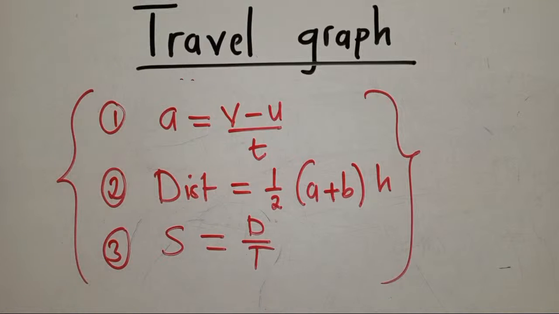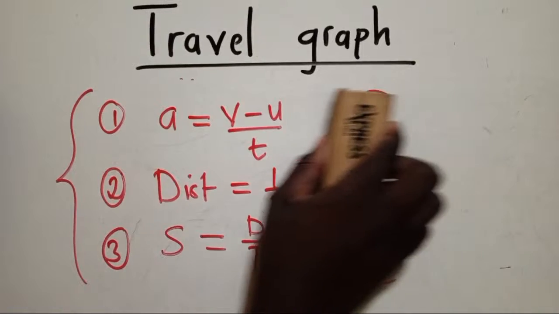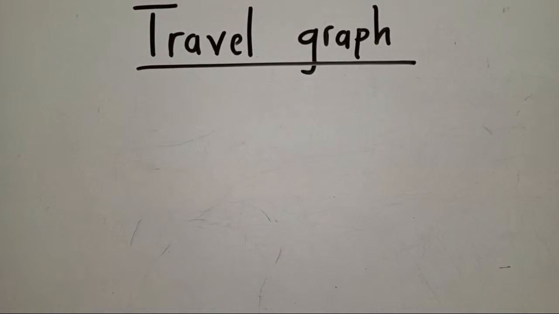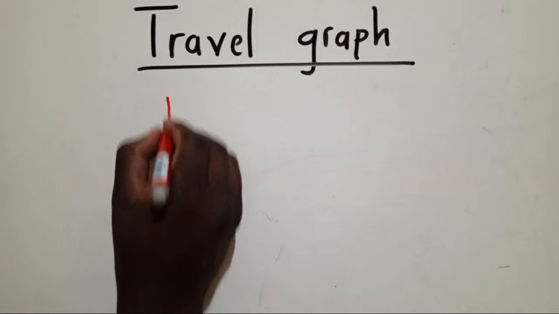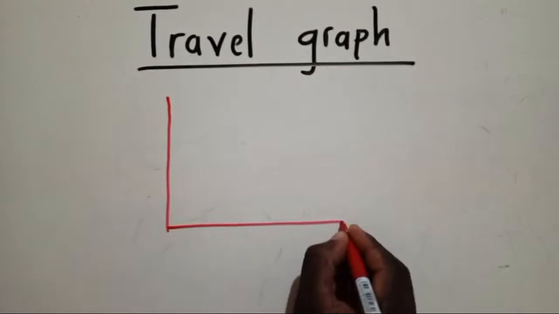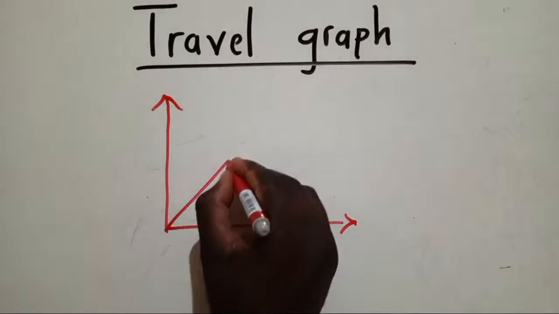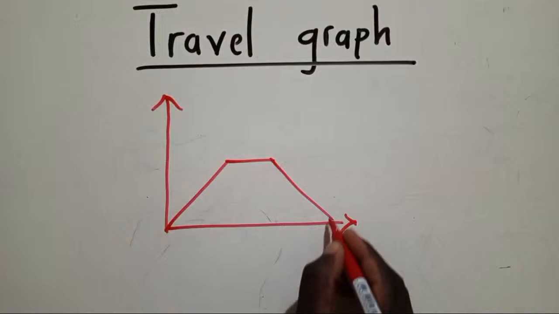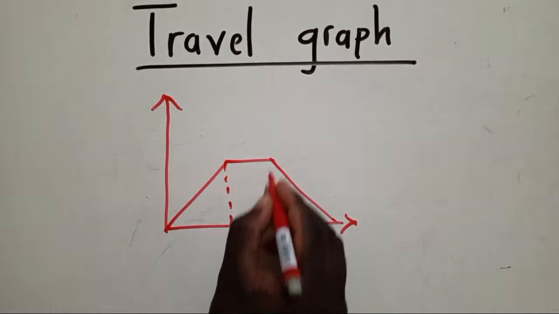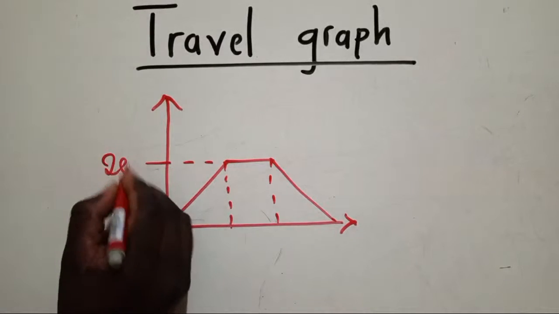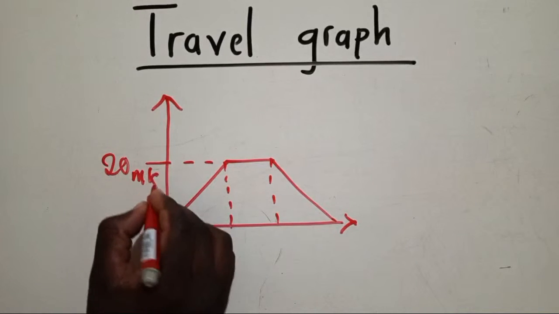So let's move. Once you get to know those three formulas, you can now use them. They're just basically three important formulas. So let's say you guys have got this, okay? You've got this right here, and it moves like this. So here it's like this, here it's like this. You've got 20 meters per second.